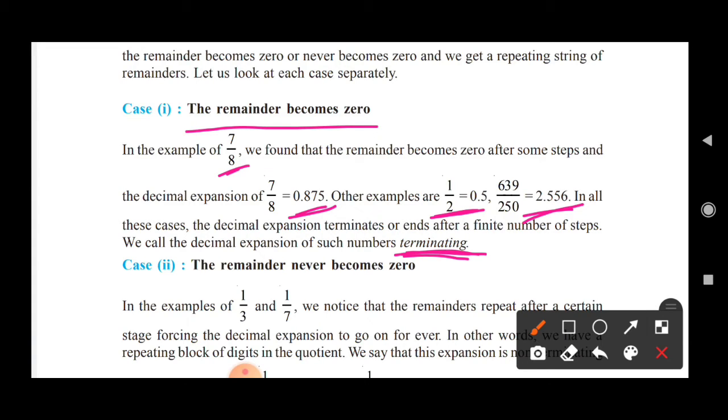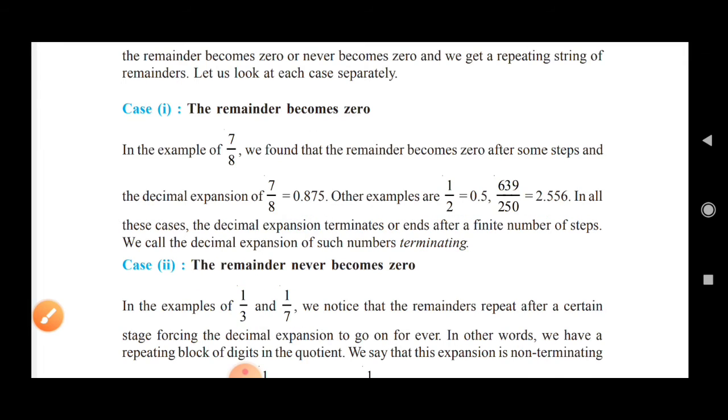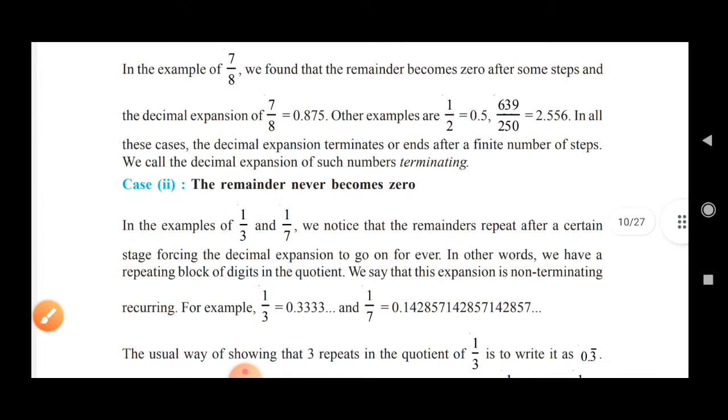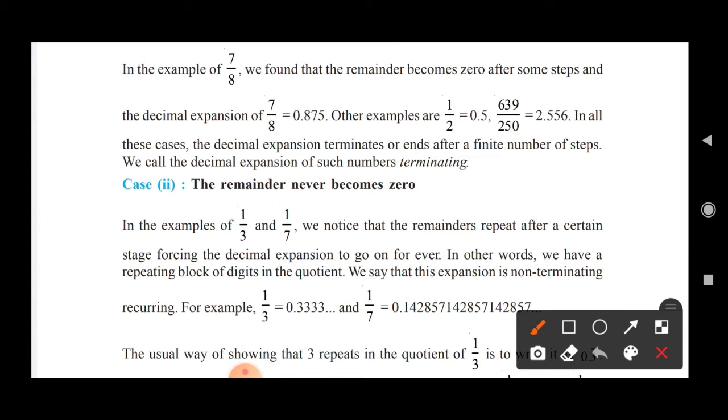In the next case, the remainder never becomes 0. In the examples of 1 by 3 and 1 by 7, we notice that the remainder repeats after a certain stage, forcing the decimal expansion to go on forever. In other words, we have a repeating block of digits in question.